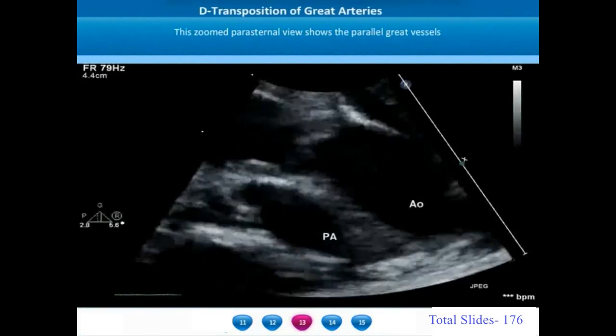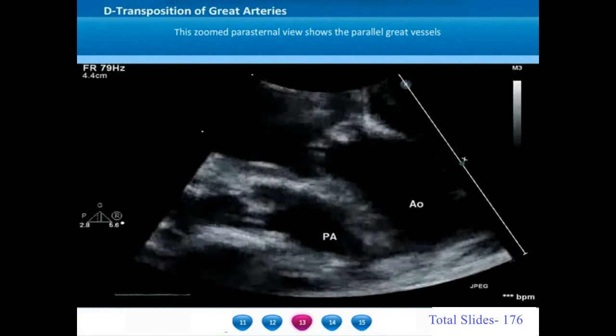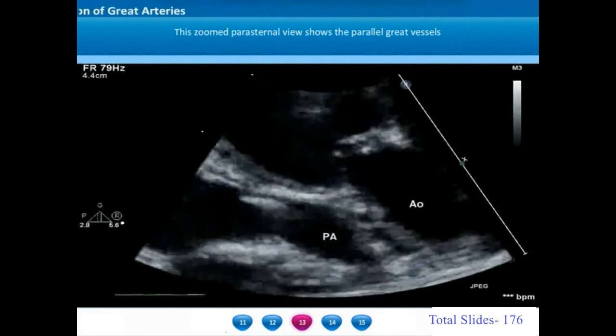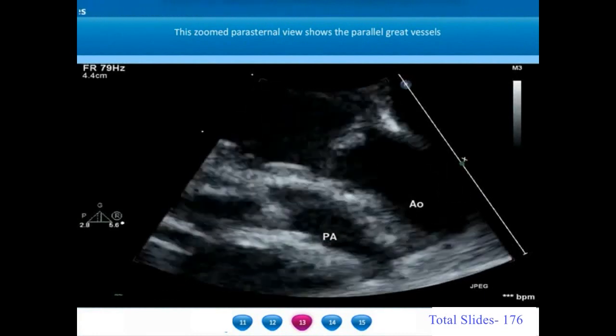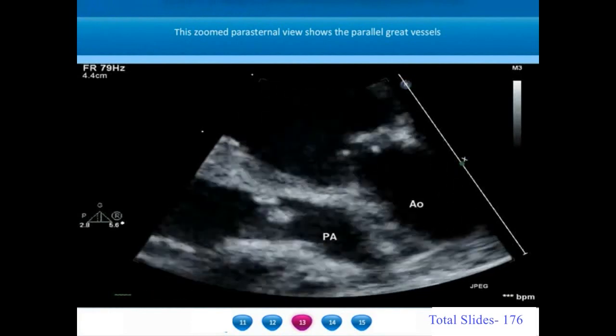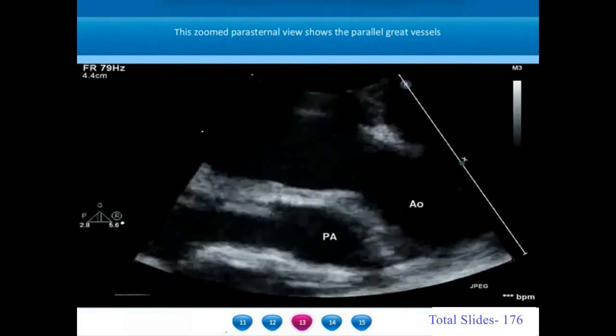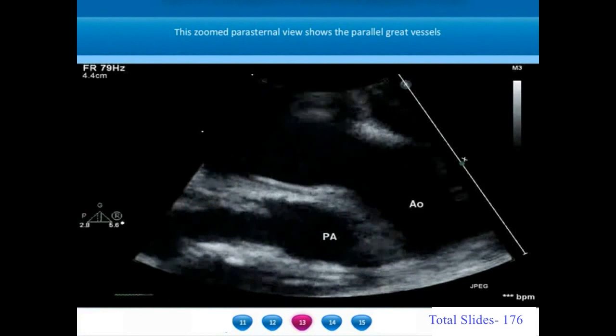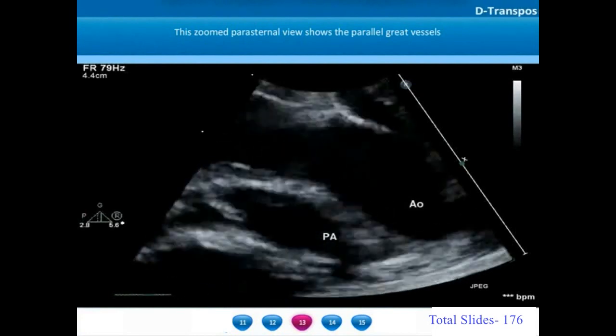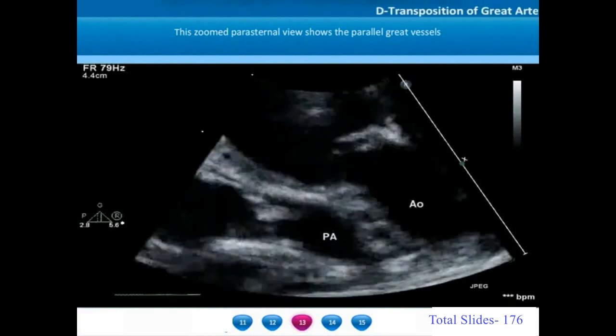When we magnify onto the origin of the great arteries, we can notice that the aortic valve and the ascending aorta are anterior. The pulmonary valve and main pulmonary artery are posterior. This magnified view also shows the pulmonary mitral fibrous continuity.